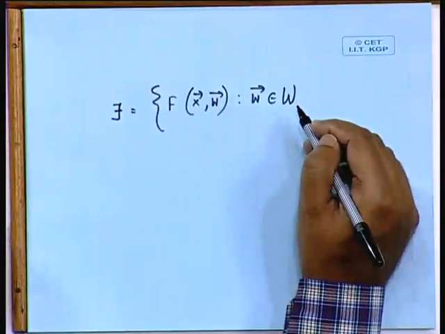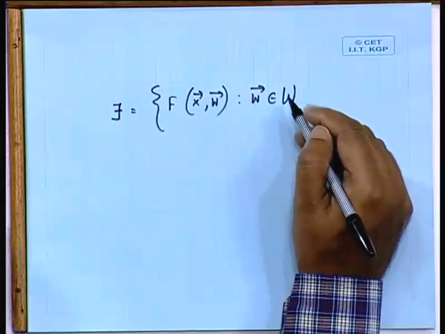So, the set of functions in the learning machine is the set f(x, w), where this w vector belongs to a space W, which could actually be an m dimensional space.